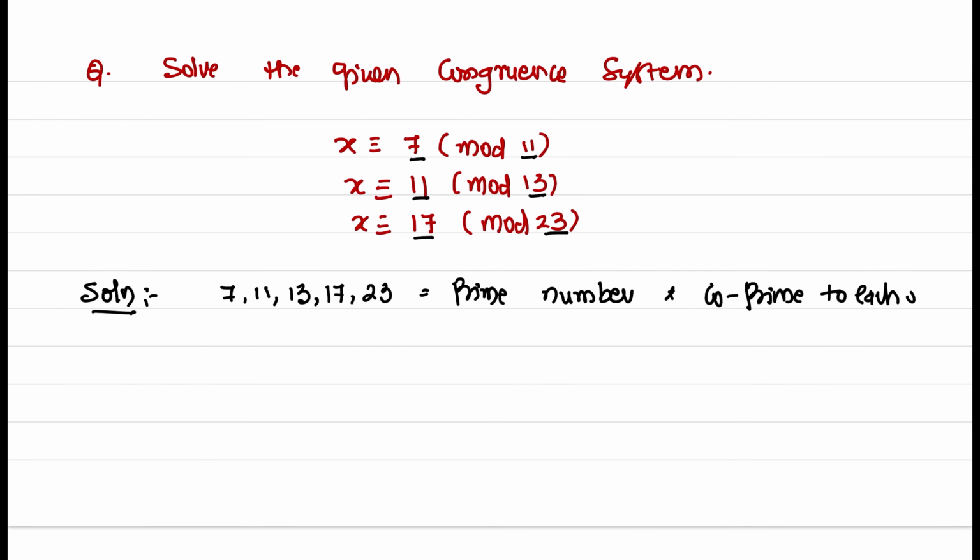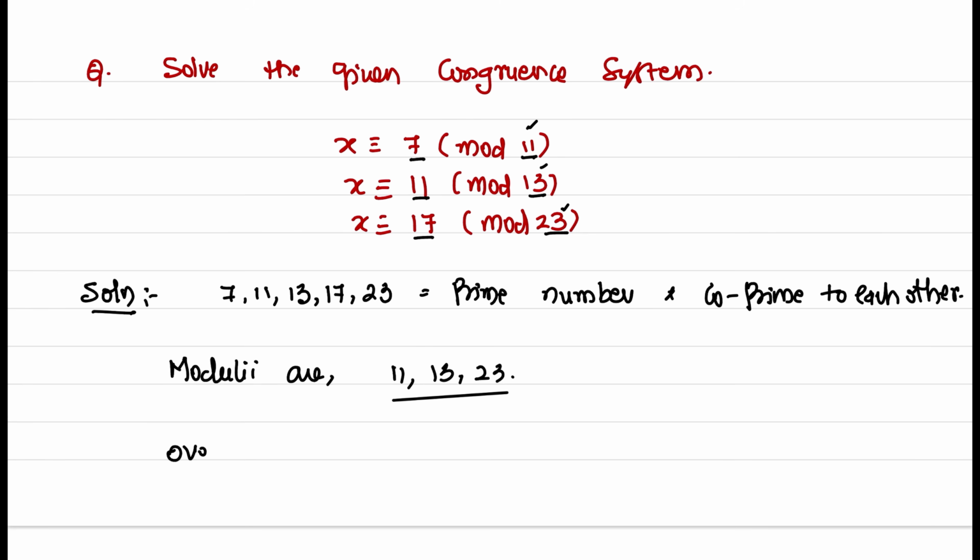This is our first observation. And what are the moduli? The moduli are 11, 13 and 23. These three are the moduli.